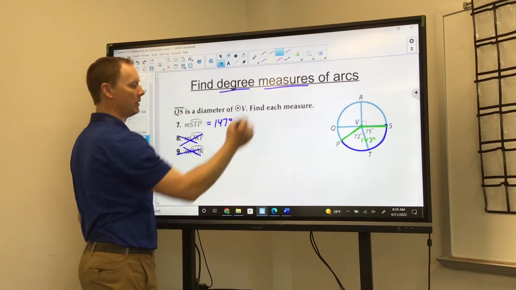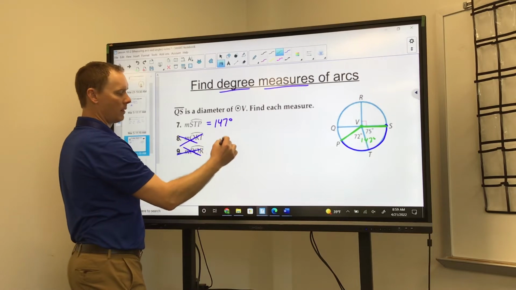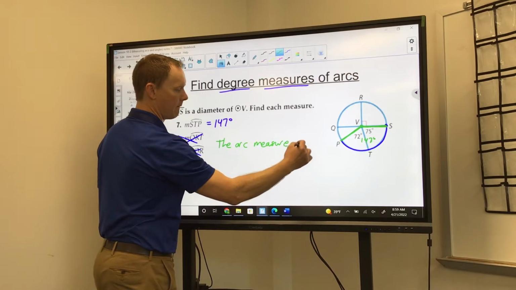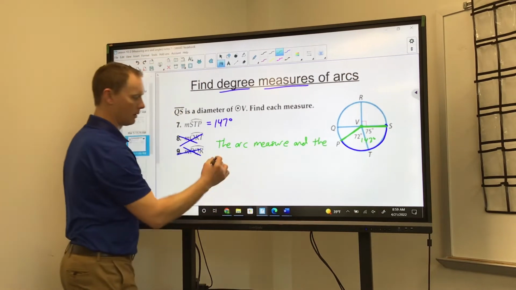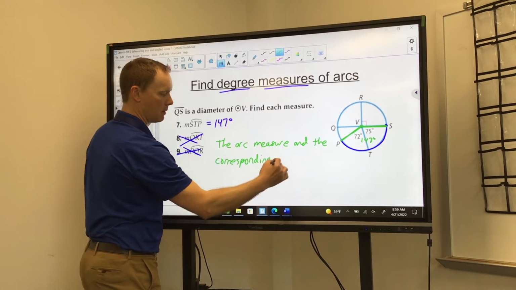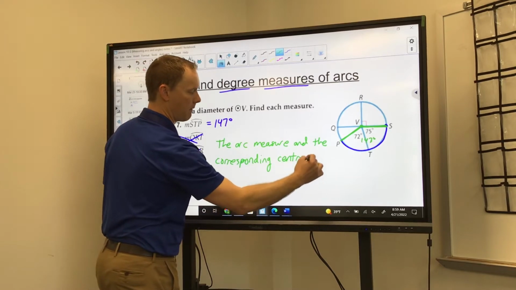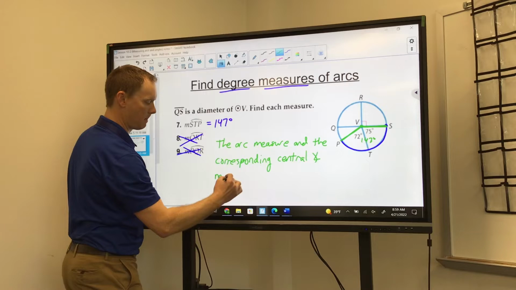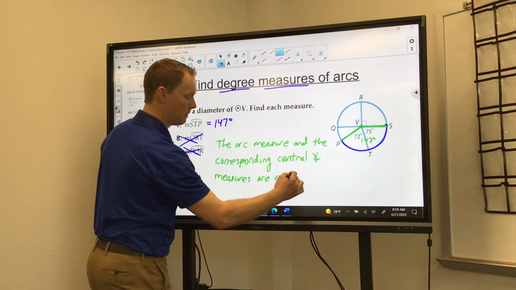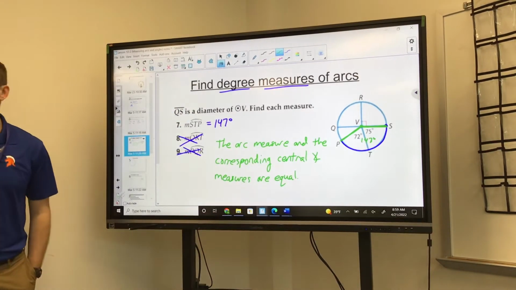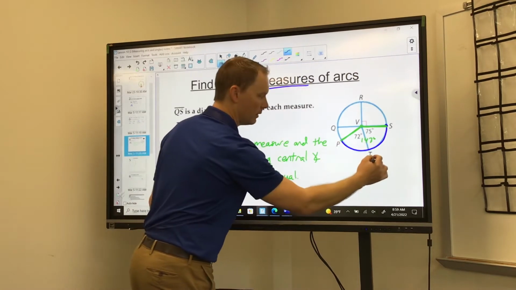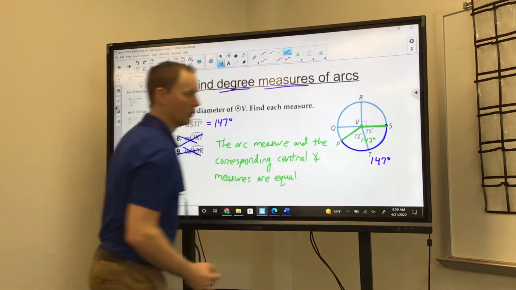So let me summarize that. The arc measure and the corresponding central angle measure are equal. So if this central angle measure here is 147, the arc measure is also 147.